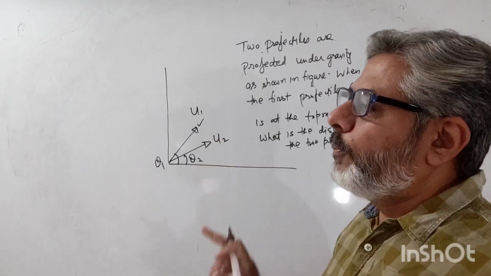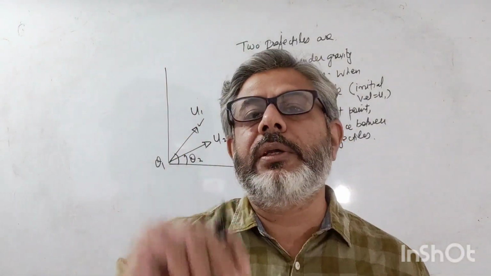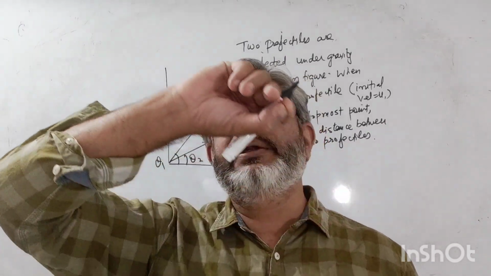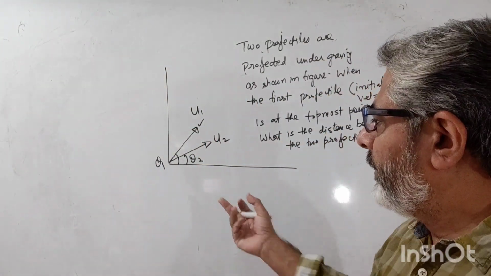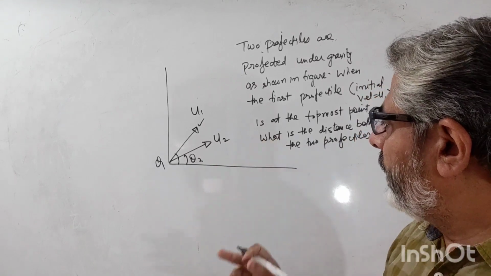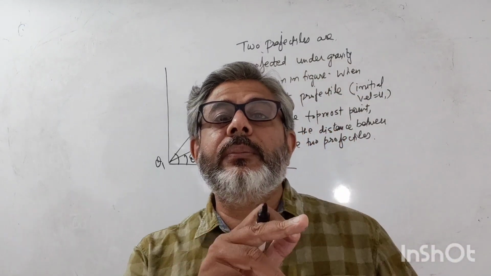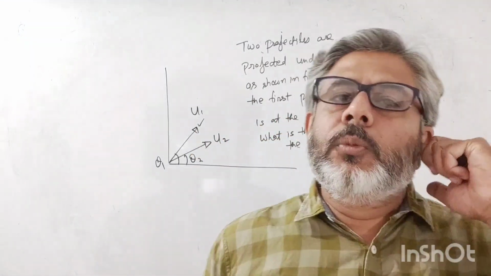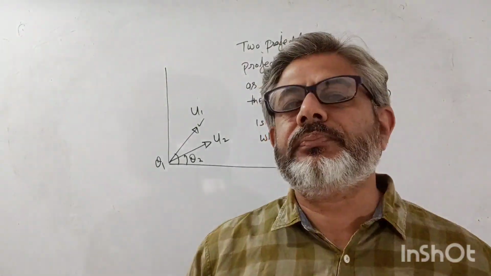At the topmost point, we can think of some formula for the maximum height. Topmost point means when the height is maximum and then the height decreases after that. But he is not asking for any particular value for the first or the second. He is asking between the two projectiles. So it looks like a question of relative motion.